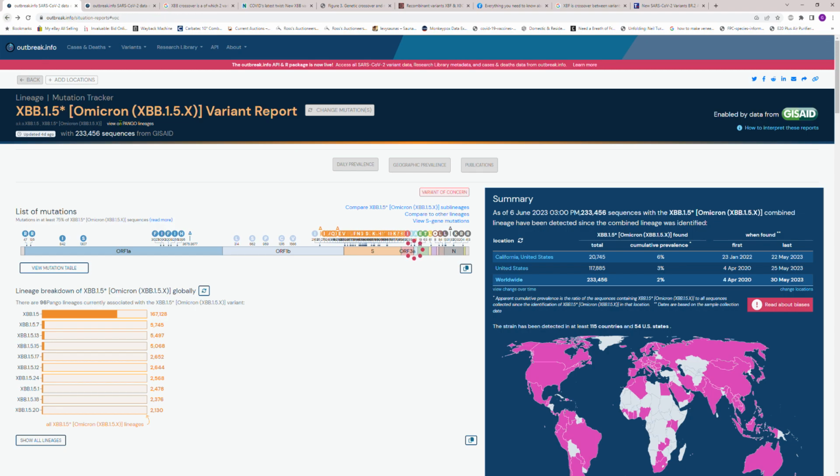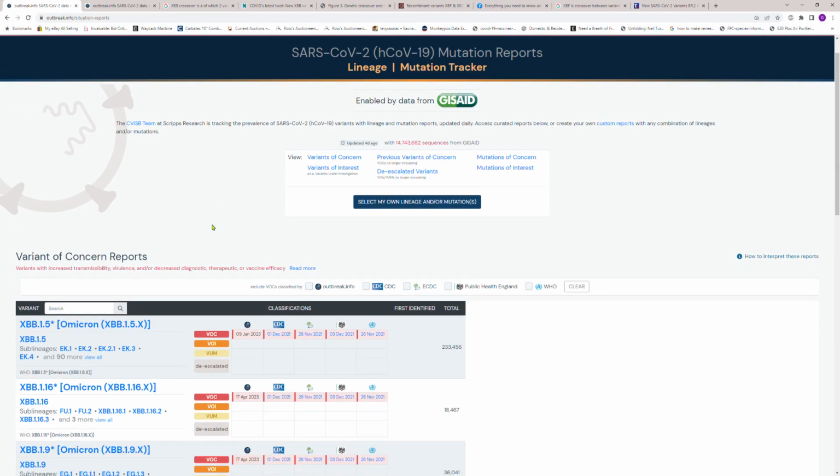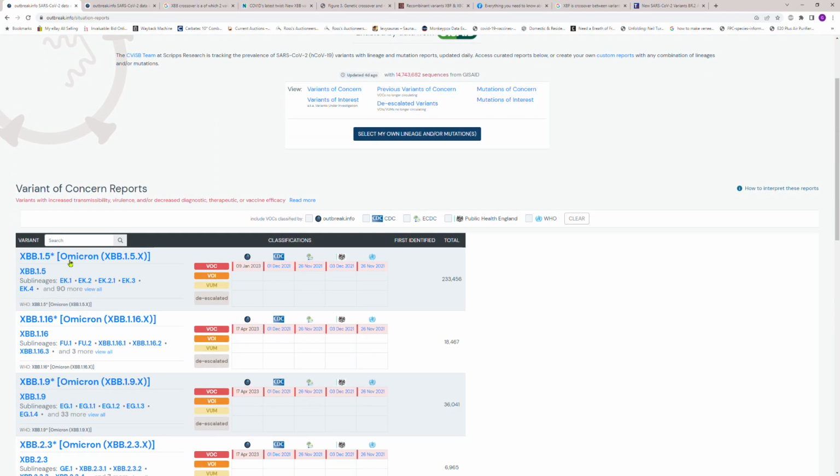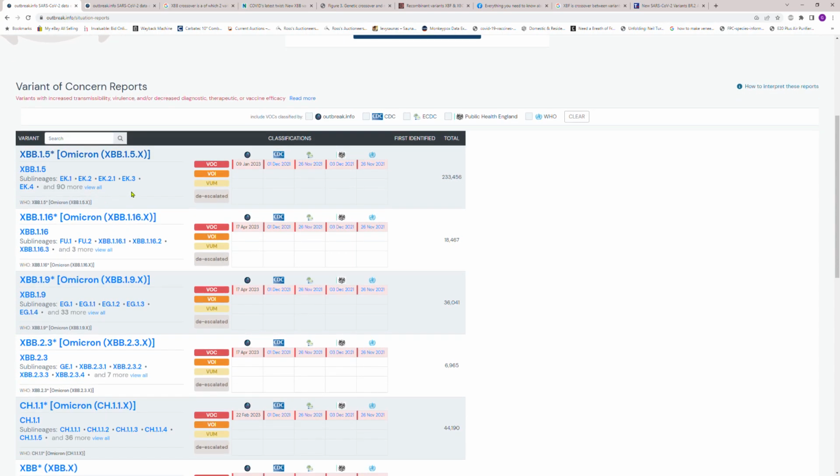I still don't understand why they still refer to these variants as Omicron, because they're not really Omicron at all. They are a lot weaker than the previous variants.